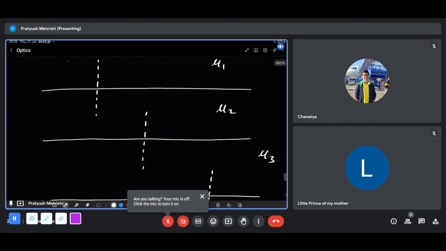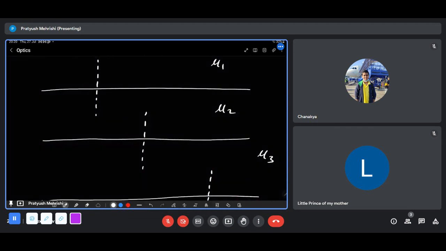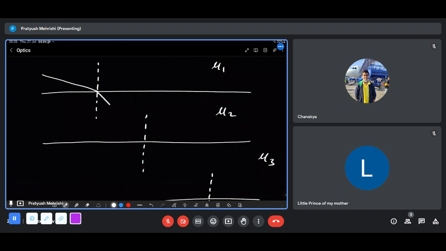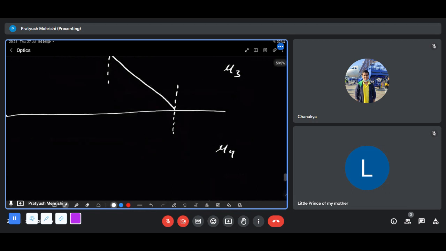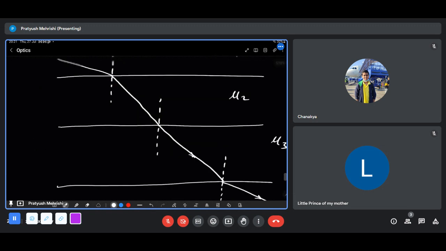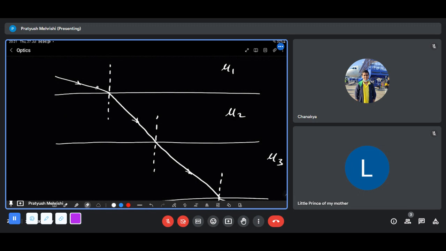If the ray of light is coming like this, this is the angle of incidence I1, this is the angle of incidence I2, this is the angle of incidence I3.